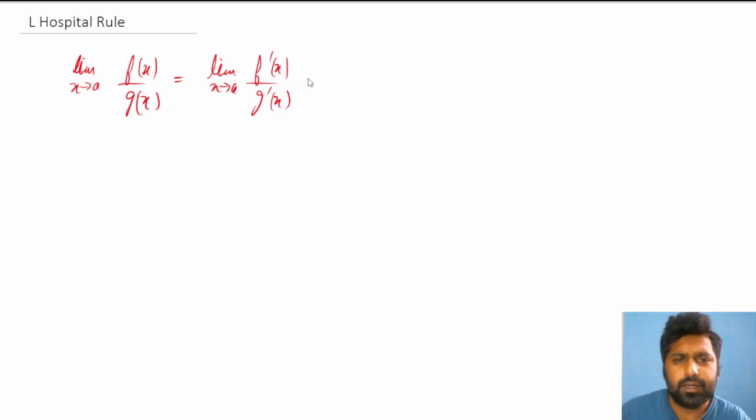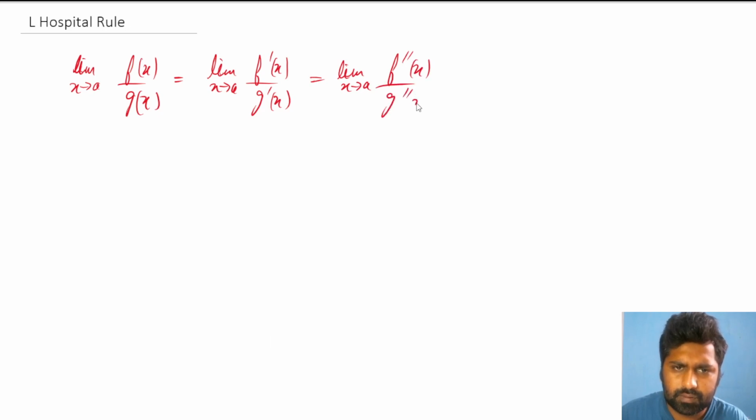In case this is again generating 0 by 0 or infinity by infinity, again you can solve this by getting the double derivative, and so on. Okay, 3 times, 4 times, how many times you want to differentiate, you can keep on differentiating as long as you get the limit.